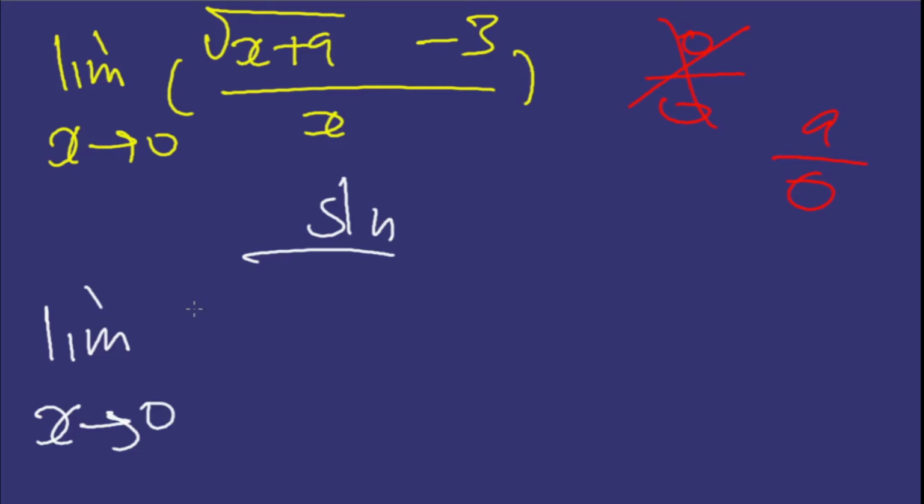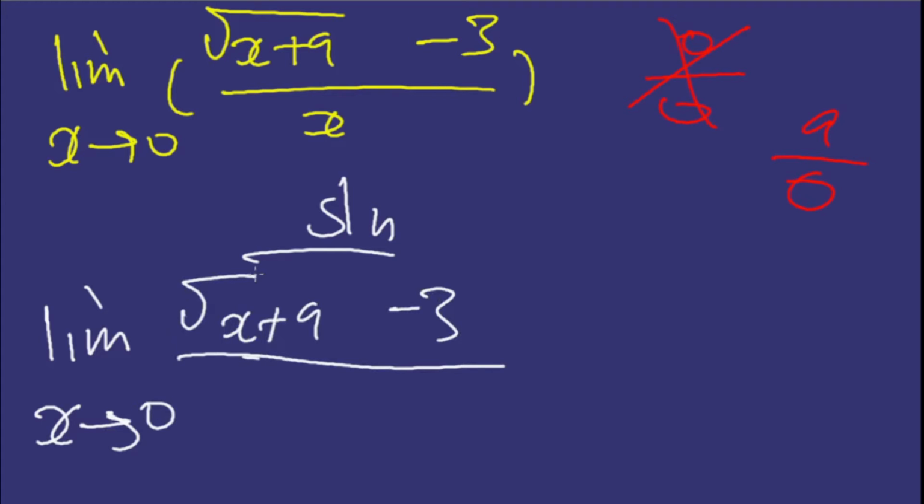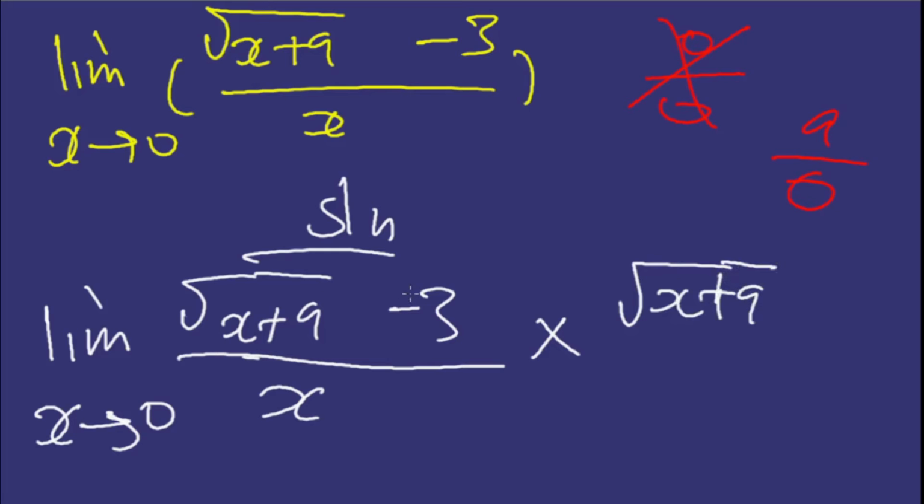So let's do this. This thing you can find its conjugate, in this case of the numerator. So you multiply by the conjugate up and down. The conjugate of this, you just change the sign to plus, so you put here plus 3.